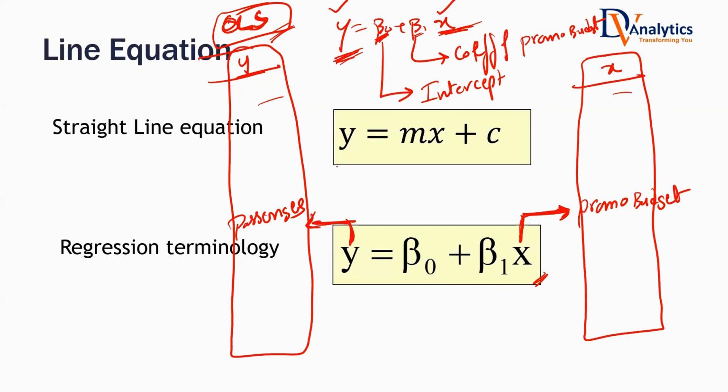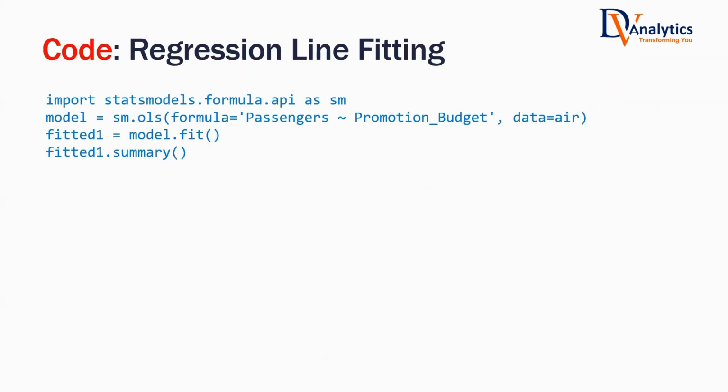So how do you supply your data? How do you run this OLS procedure? What is the code behind it? You first import the package. My model is equal to package.ols, formula equal to, until here it is syntax. Then you write y tilde x.